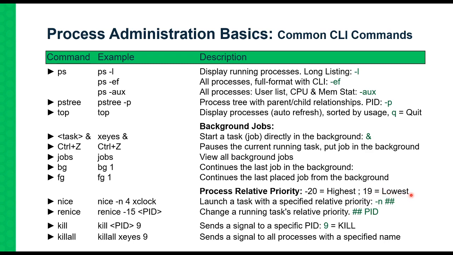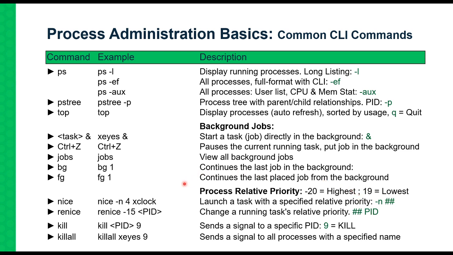What does this entail? This means there are 40 positions for process priorities. But if I count 20 plus 19, that doesn't give me 40. So how do I get to 40? 0 also counts as a number. So if we calculate 20 plus 19 plus 0, we get 40 positions.